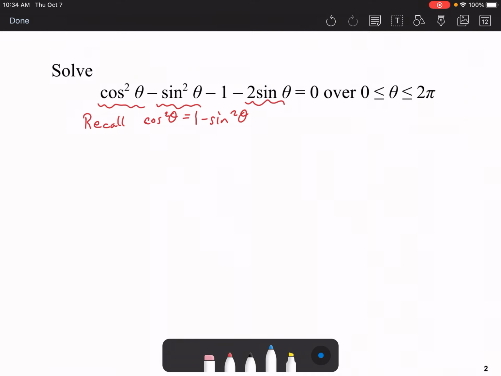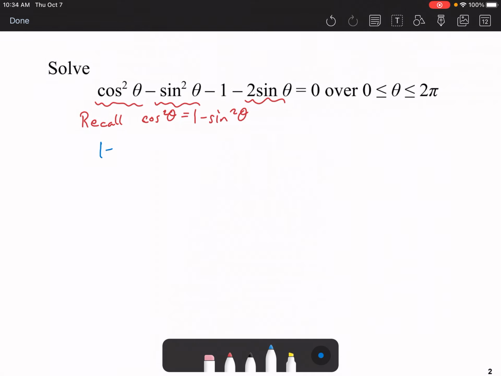So what we're going to do is change just that part right there, so that now we have everything in terms of only a sine function.